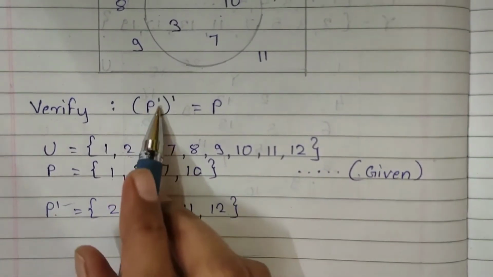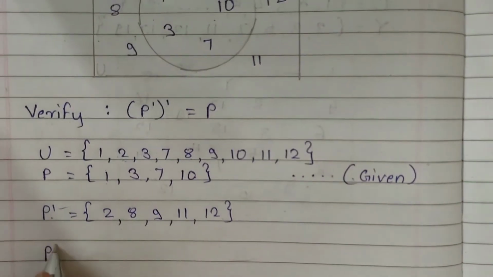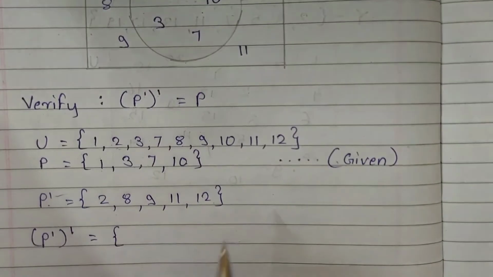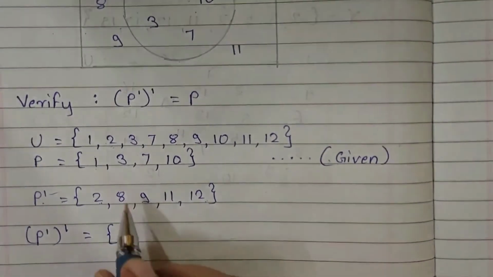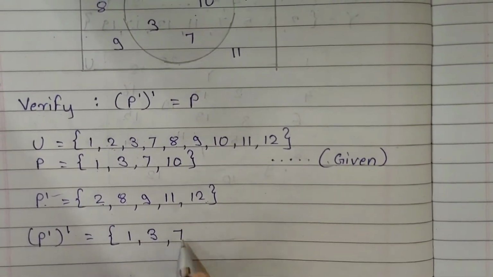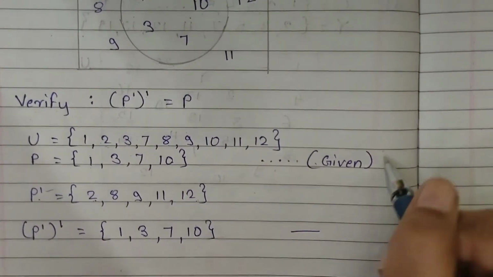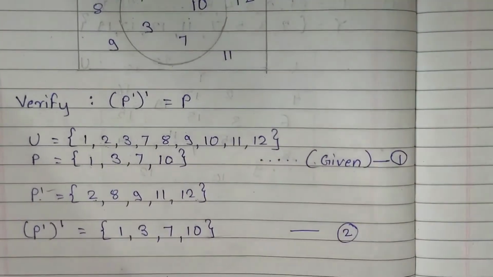Now we need the complement of P complement. So the opposite of P complement we will find here. So again exclude these elements from the universal set. So which elements will we get? 1, 3, 7, 10. This is our equation 1 and this one is equation number 2.